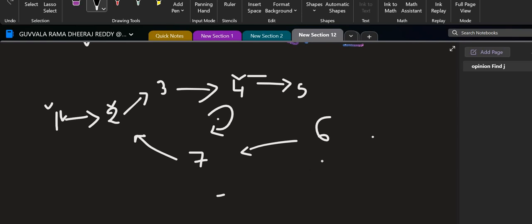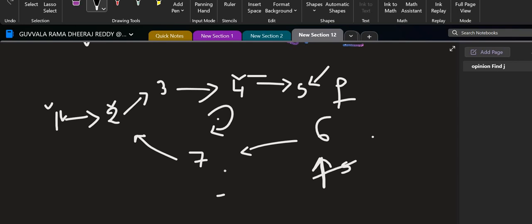What the situation will be is, let us suppose slow pointer is here, and fast pointer is here. What will happen?